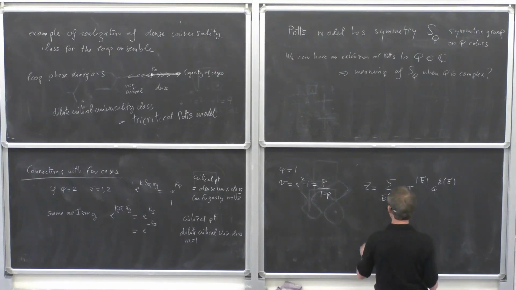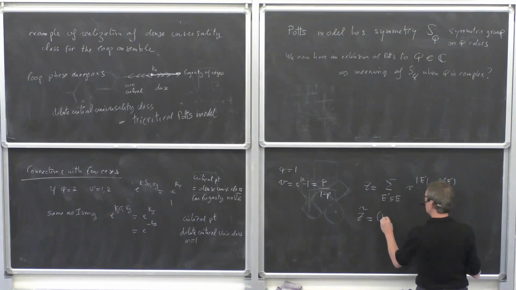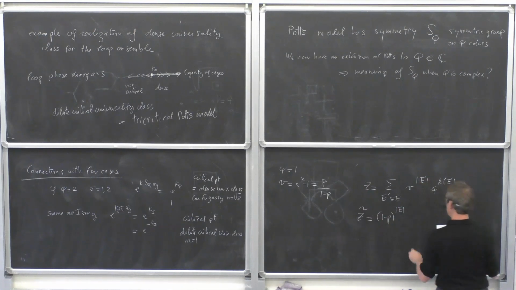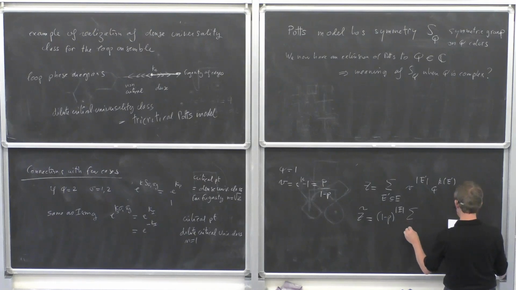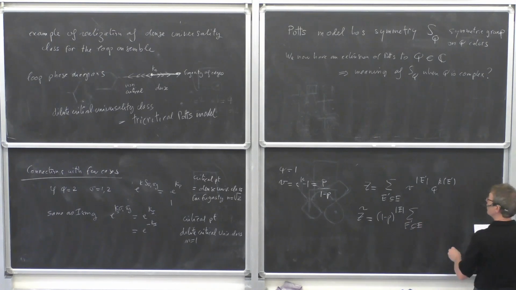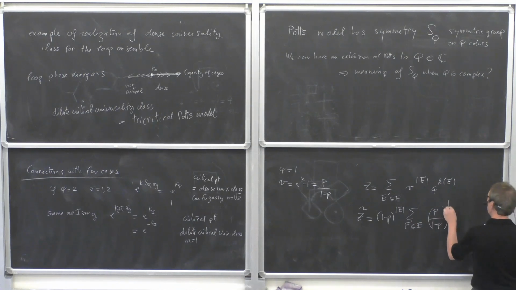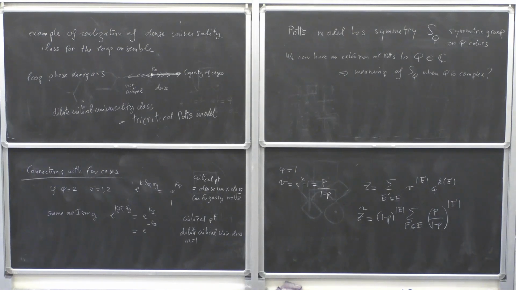And now if I define Z twiddle, a renormalization, just 1 minus p to the E, where p is defined like this, sum over E prime included in E of, so V I've set p over 1 minus p, so it's p over 1 minus p to the number of edges times Q to the k of E prime.